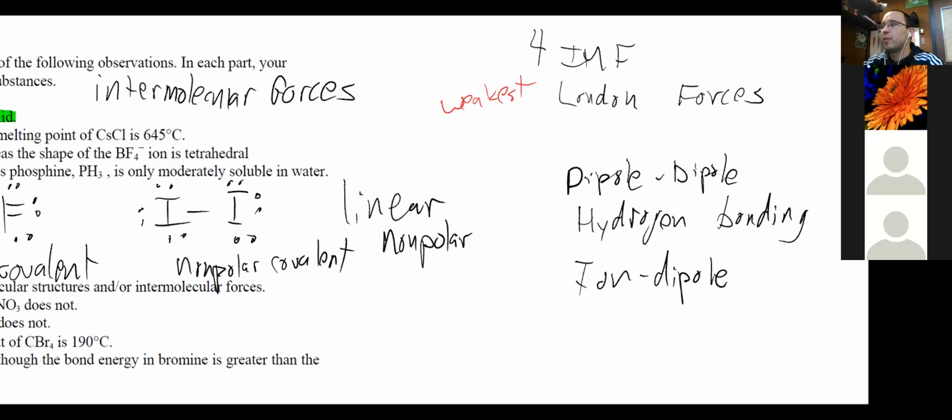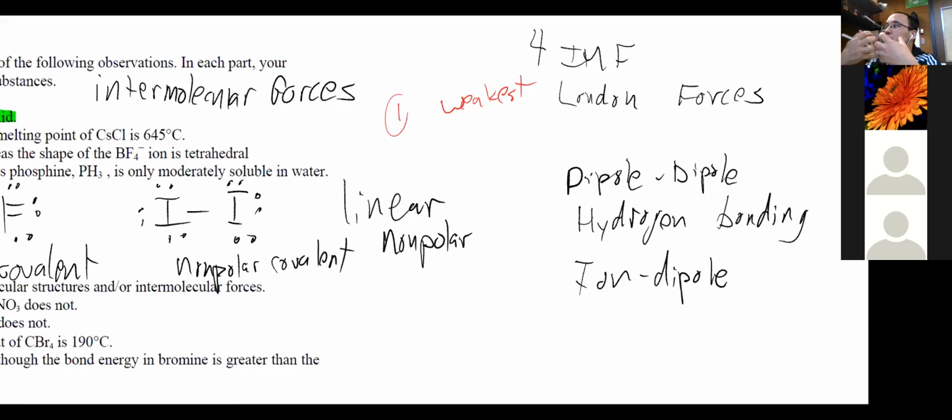What's the next one up from there? After London forces, which would be the second weakest? Ion dipole. So ion dipole is not very weak at all, right? Because your ion has a charge and your dipole has a partial charge.